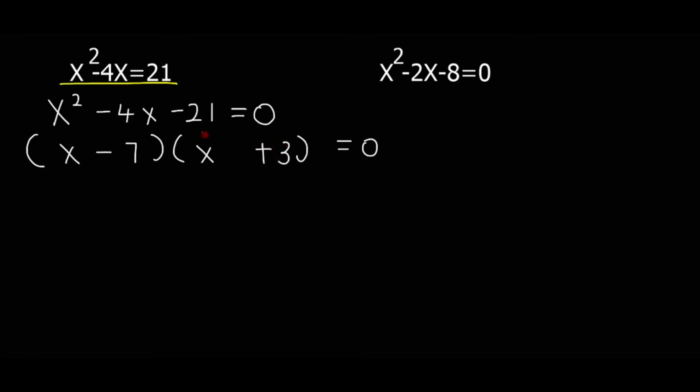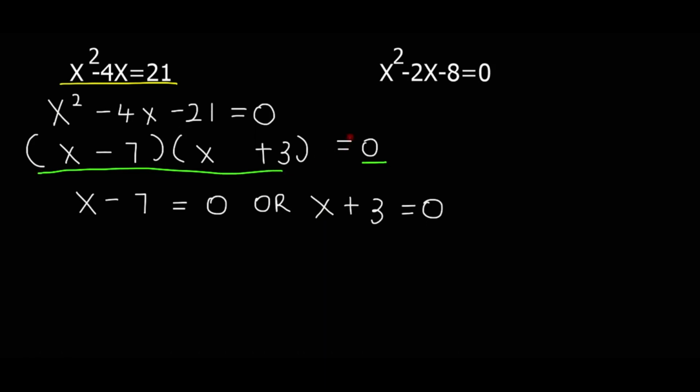So we factorize this trinomial, and from this step we equate each bracket to 0. This means we will have x minus 7 equals 0, and we do the same thing with this one, x plus 3 equals 0. If this side is 0, this means even this side will be 0, because they are equal. When things are equal, they match.